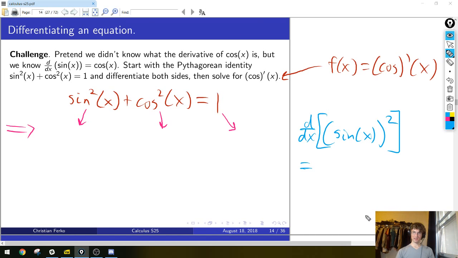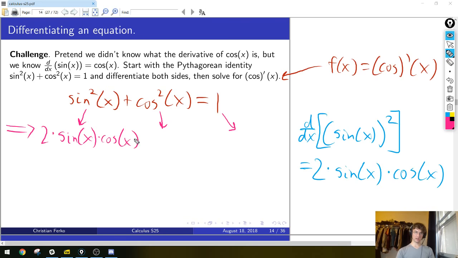Okay, I see. That's going to be 2 cosine x. No. So this should be 2 times the inside function left alone times the derivative of the inside function, right? Okay. Good. So 2 times sine x times cosine x.